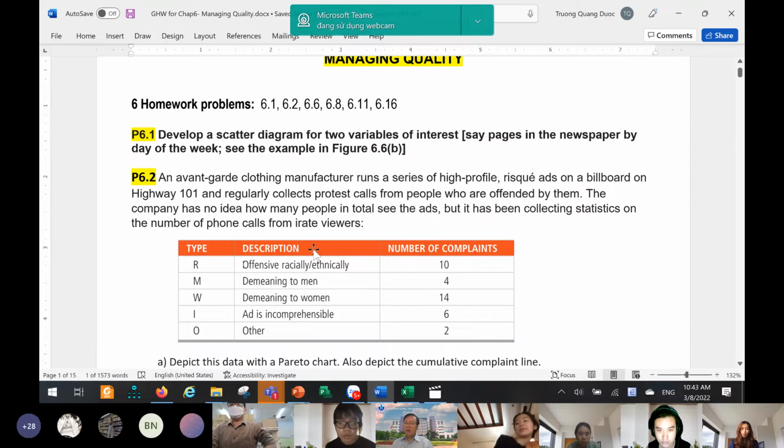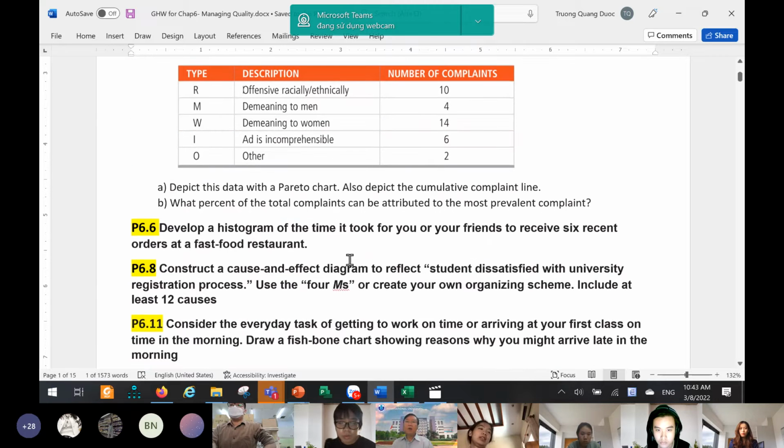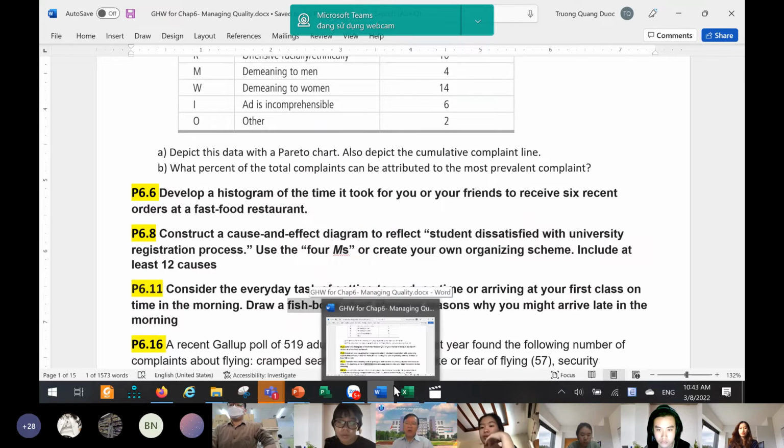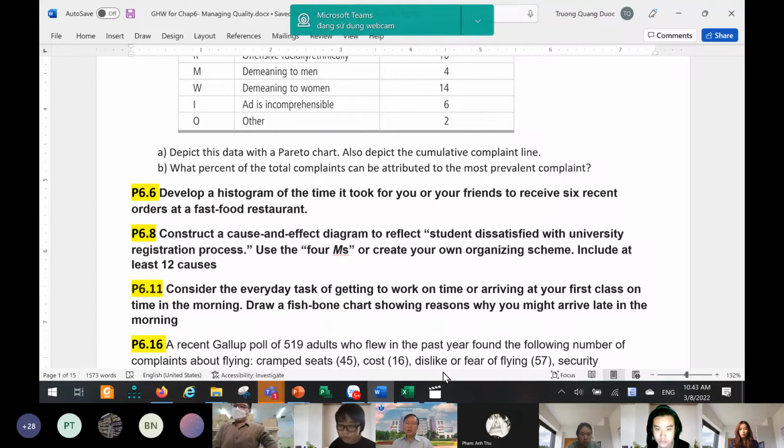For 4M, each M must be clarified. And again it is a wrong Pareto. So you have B plus.